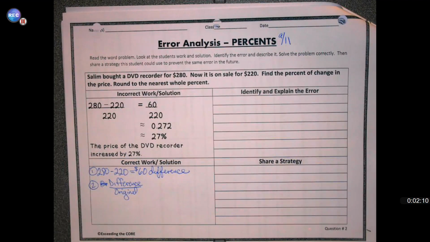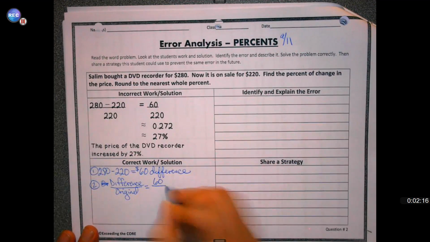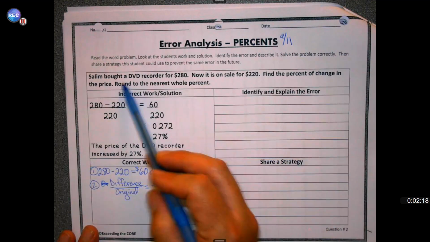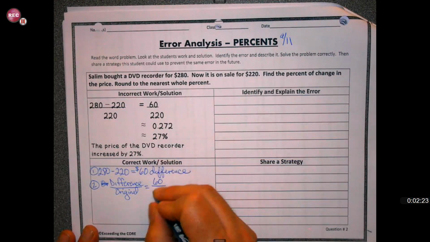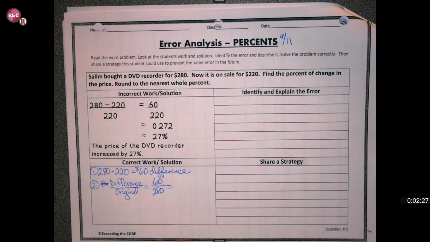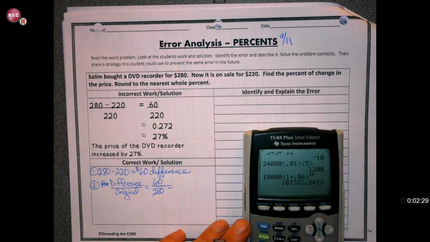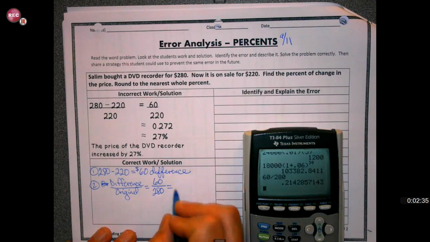This is where I might start to see some differences, no pun intended. Originally, it sold for $280. Now it's on sale. So $280, let's see here. 60 divided by 280. Round to the nearest whole percent. Well, we'll do that in a minute.